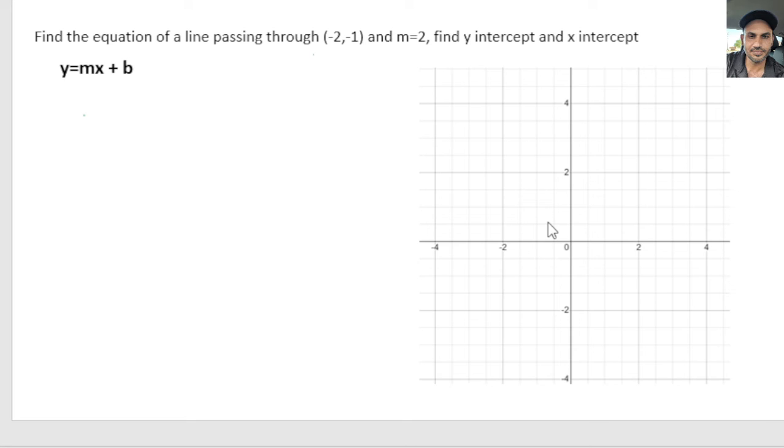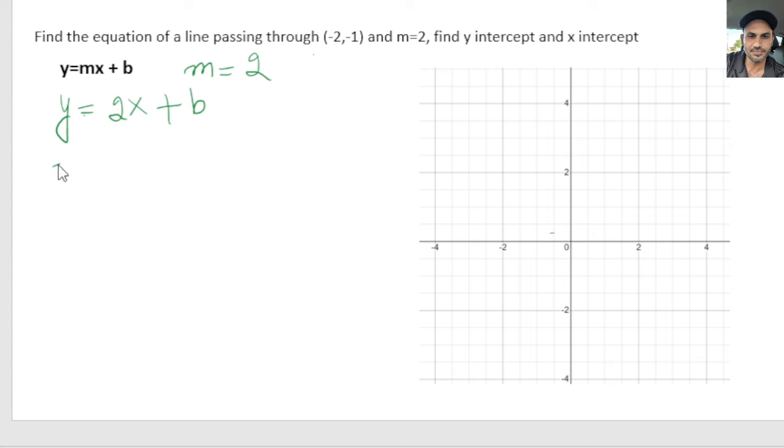Now we have to find the equation of the line passing through this point, and the slope is given already, which is 2. So we have y equals mx plus b. We already know that m equals 2, so this is a little bit easier compared to the previous example. So y is equal to 2x plus b. And now we're going to plug in this point right here to solve for b. So the point is -2, -1.